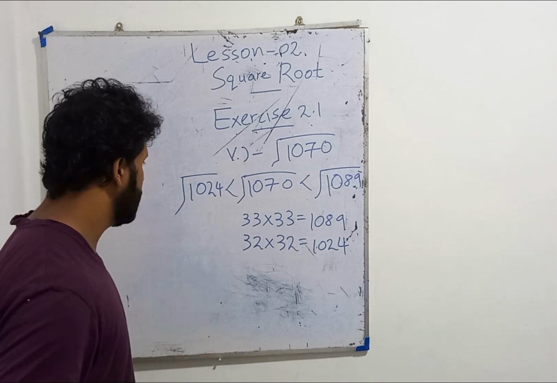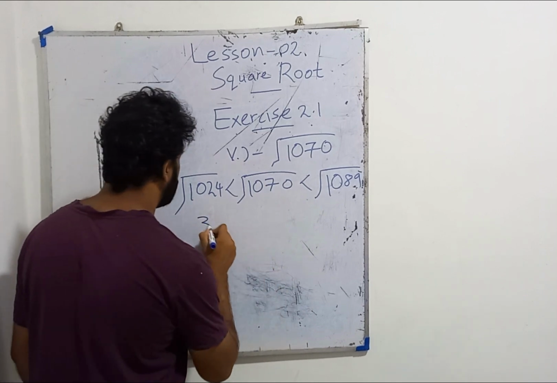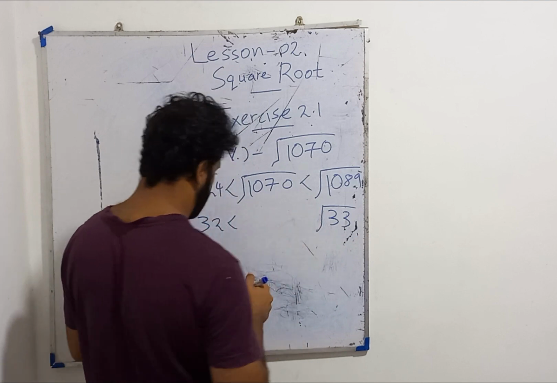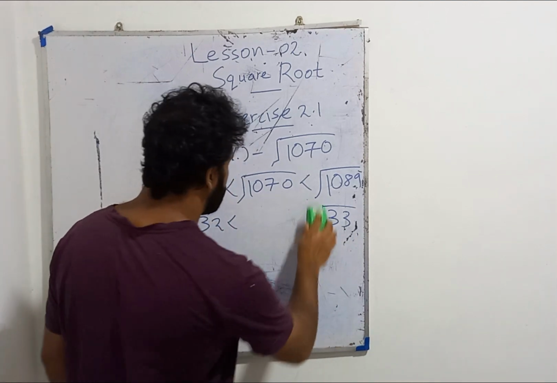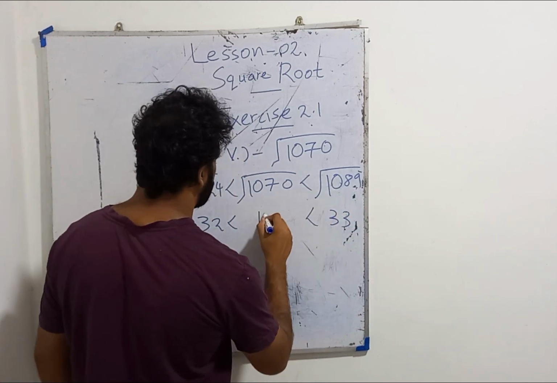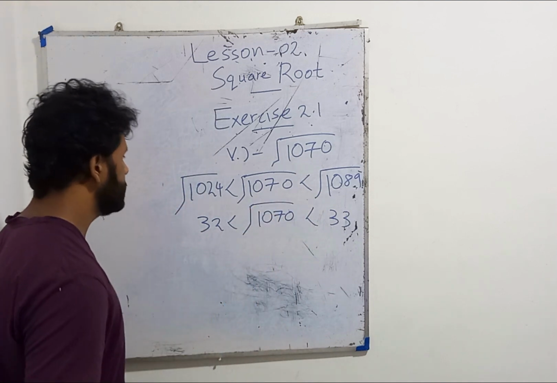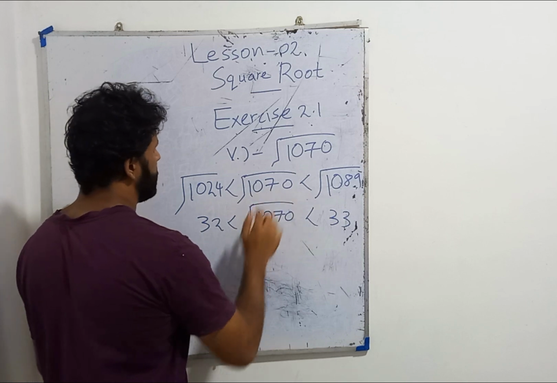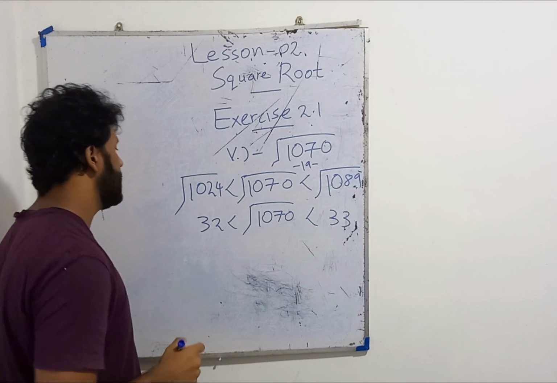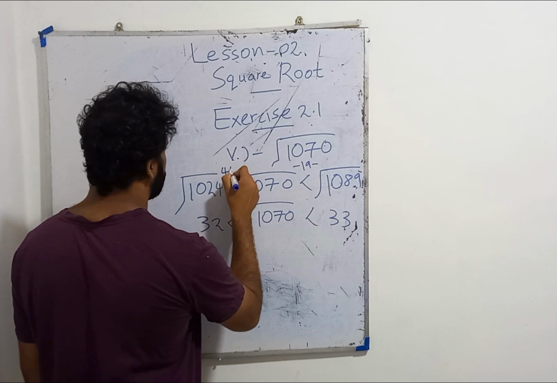This is 32, this is 33. Very sorry, this is not square root 33, just 33. 1070, the gap here is 19 and here the gap is 46, right?